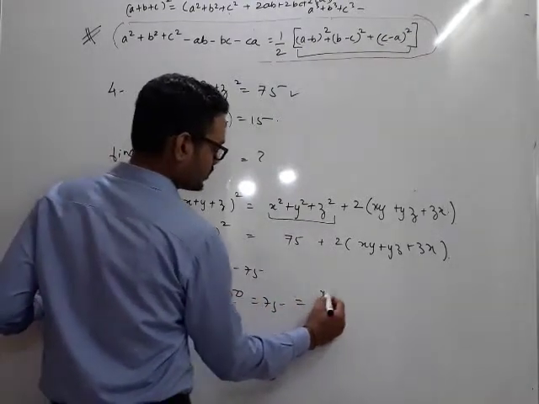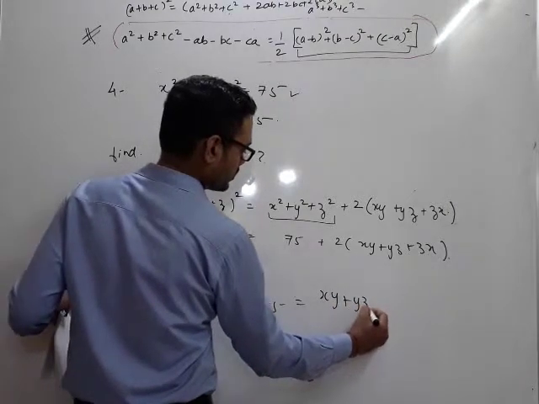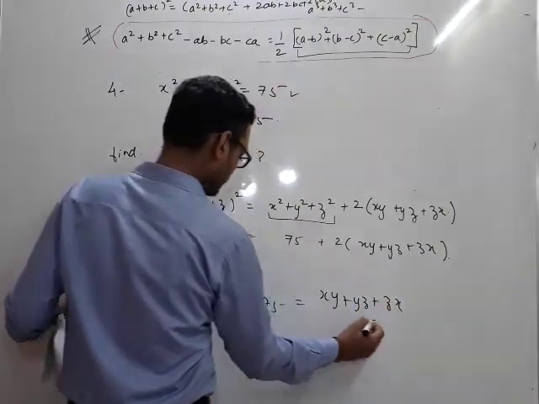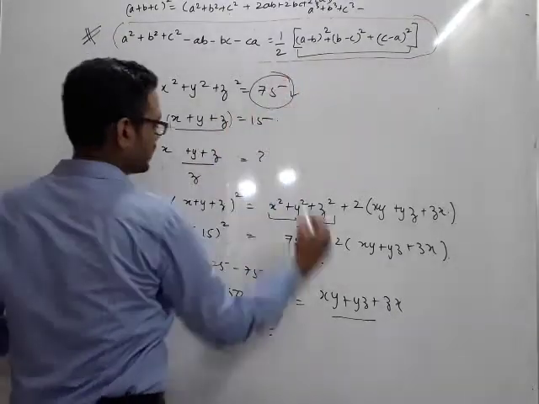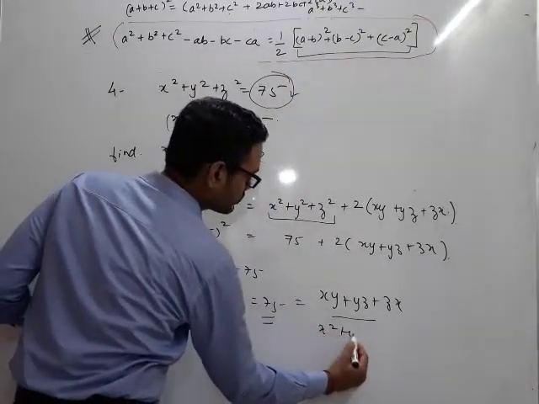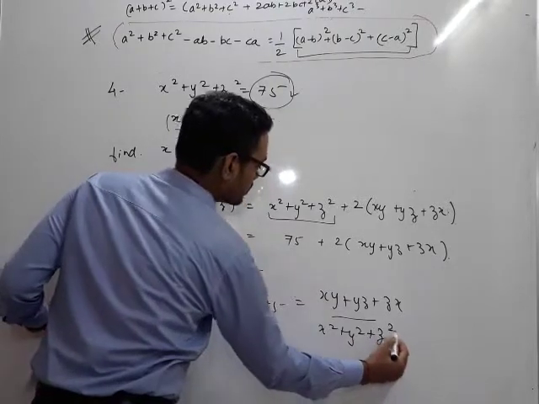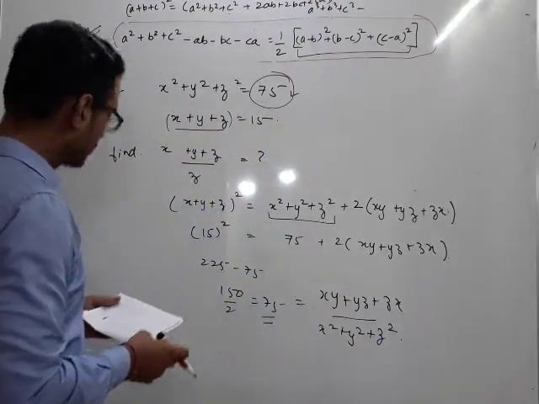So xy plus yz plus zx is coming as 75, which I think is also the value of x square plus y square plus z square.